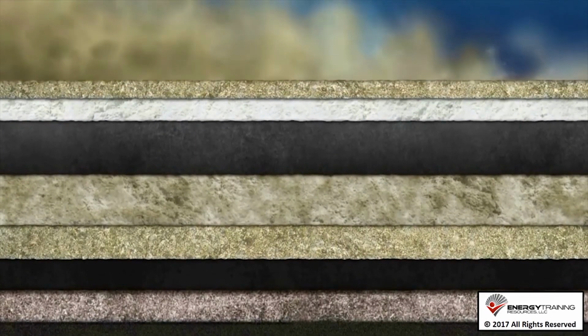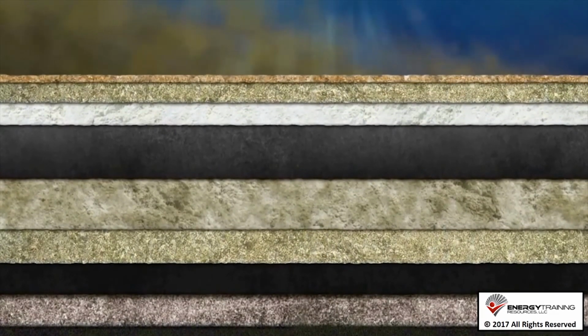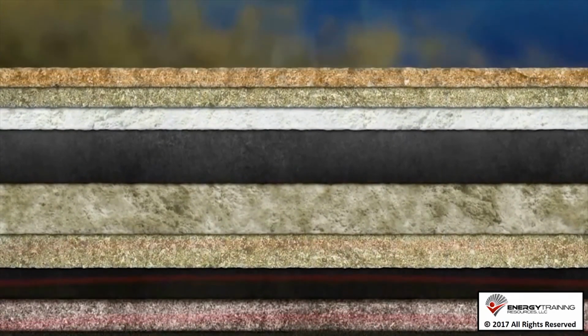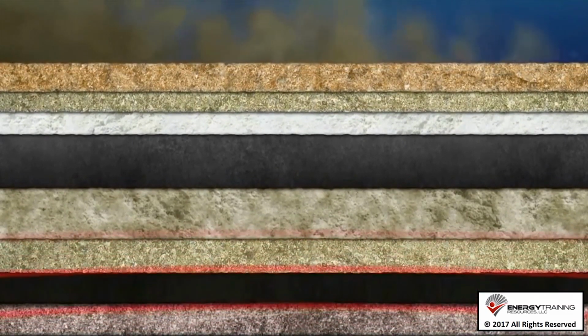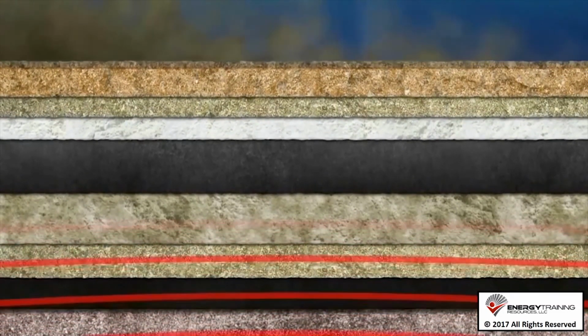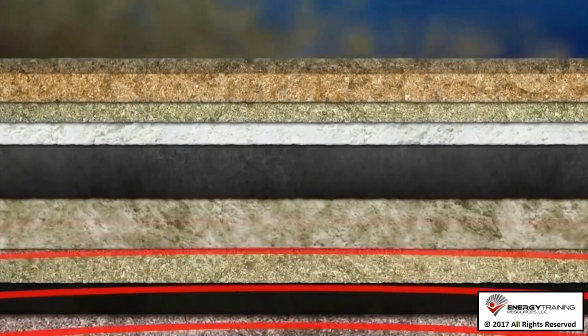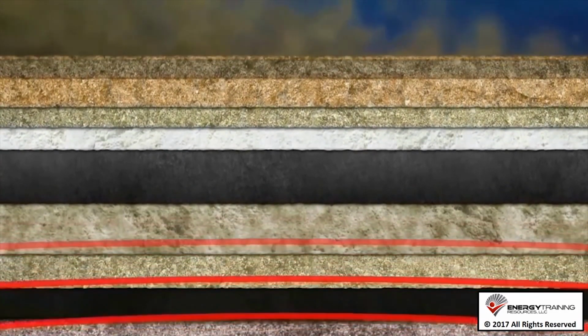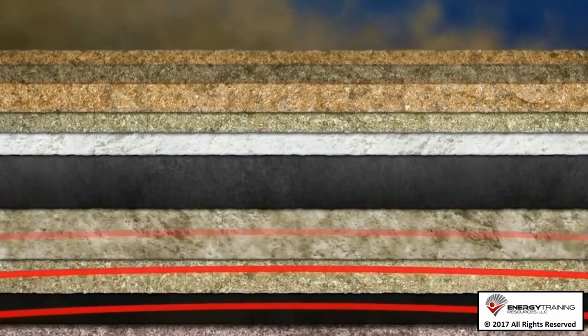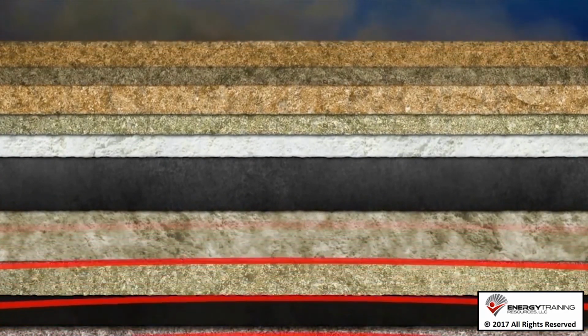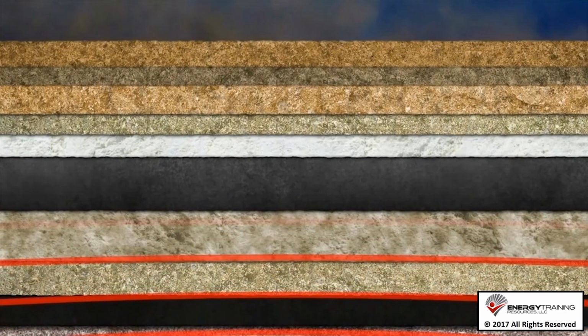If the organic mud becomes covered by other sediments, it will compact into a type of rock called organic shale. If the organic shale becomes deeply buried over millions of years, it will become exposed to increasing levels of the Earth's heat, and the organic matter will begin to convert into oil and gas. Shale that has formed oil and gas is called source rock.